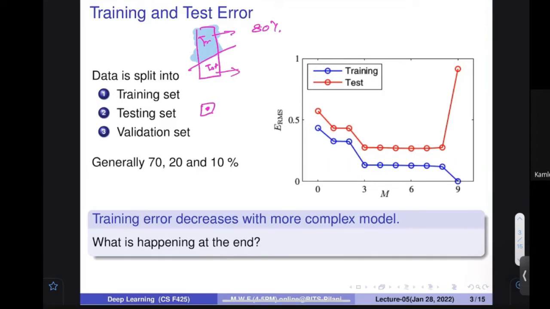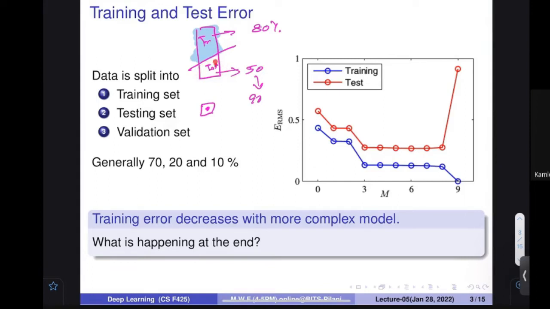You can say that, sir, anything is possible here. The error may be 50% or 90%, anything could be possible. But you can think that since these examples are not shown to my system and it is not trained on them, the probability of making an error on them is higher.